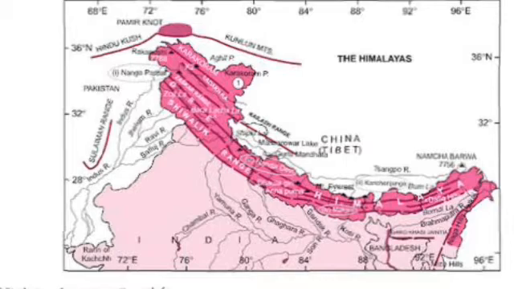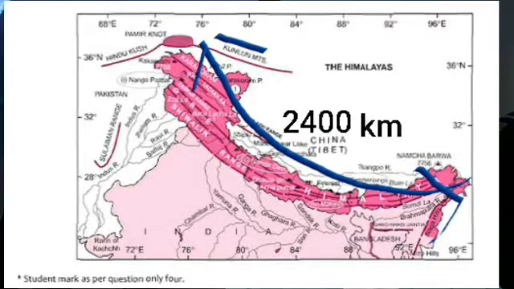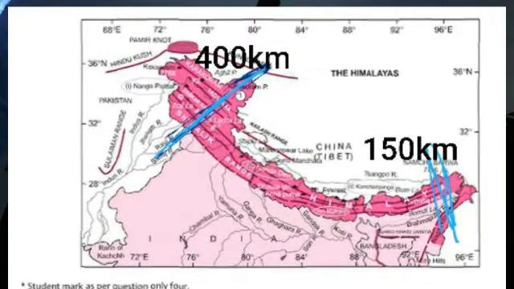The total distance it covers from west to east is about 2400 kilometers, and the width varies between 150 and 400 kilometers. In Jammu and Kashmir the width is 400 kilometers, and in Arunachal Pradesh it may be 150 kilometers.